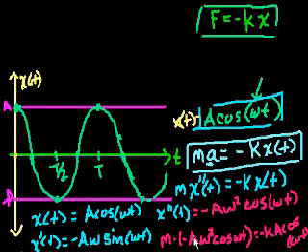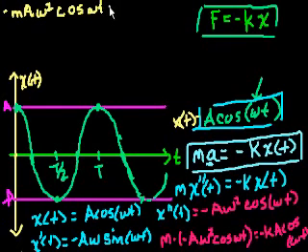And so let me see if I can simplify that a little bit. If I rewrite there, I get minus m a w squared cosine of wt is equal to minus k a cosine of wt.